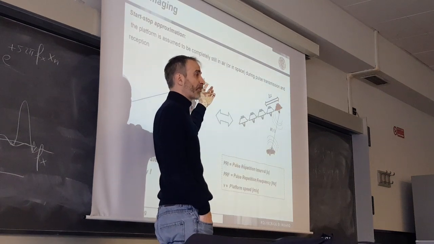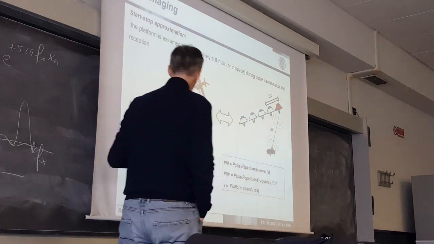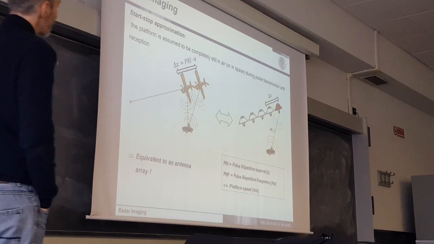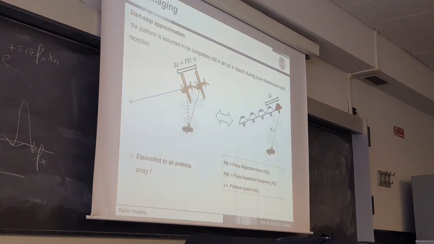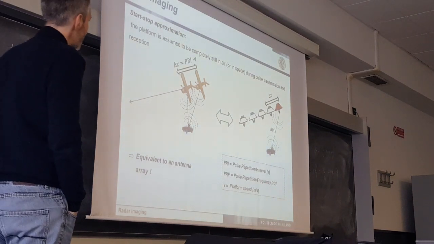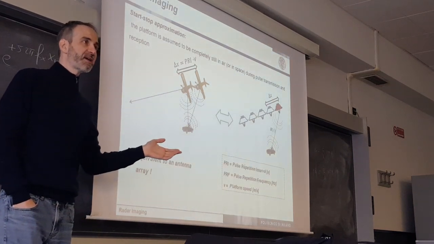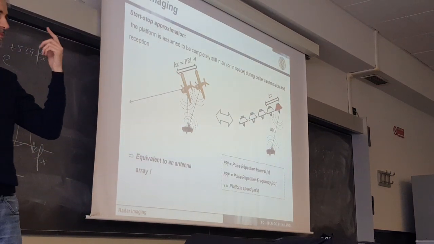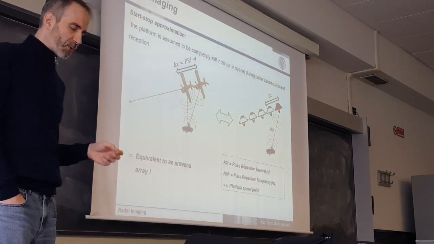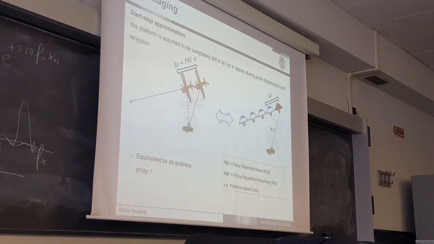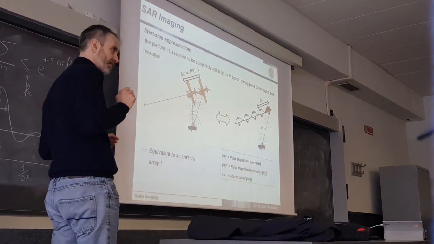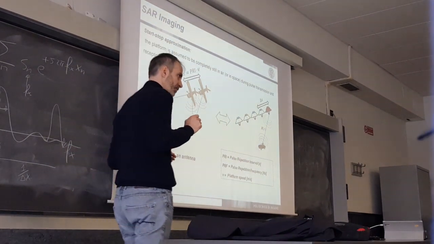One thing that I should have told you is that we will assume the so-called start-stop approximation, as in the exercise we saw about the rotating antenna, which means that we are assuming that the airplane stands still, transmits, receives, then makes a step ahead, transmits, receives, and so on.